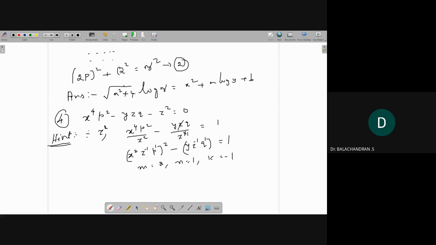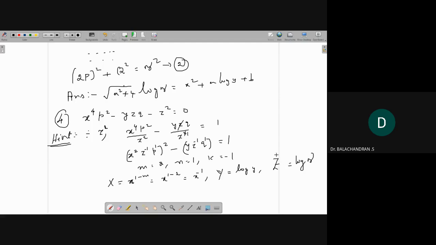Okay, now the substitution is capital X equal to x power 1 minus m, which is 2, so x power minus 1, and capital Y equal to log y since n equals 1, and k equal to minus 1 means capital Z equal to log z.